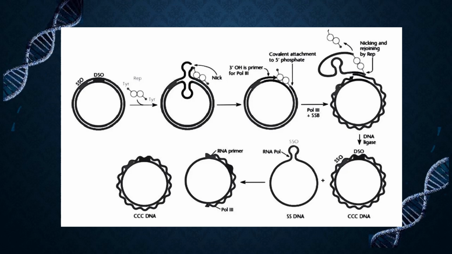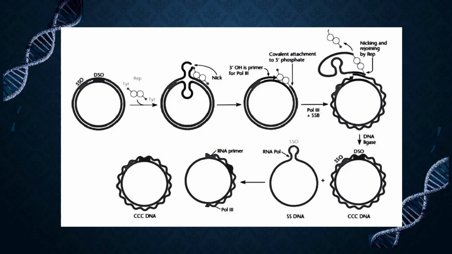The replicative form is a covalently closed circular single strand DNA. Next, the single strand origin is exposed on the replicative form, and the primary transcript from the host RNA polymerase functions as primer for replication of the replicative form. Thus the second daughter duplex forms.